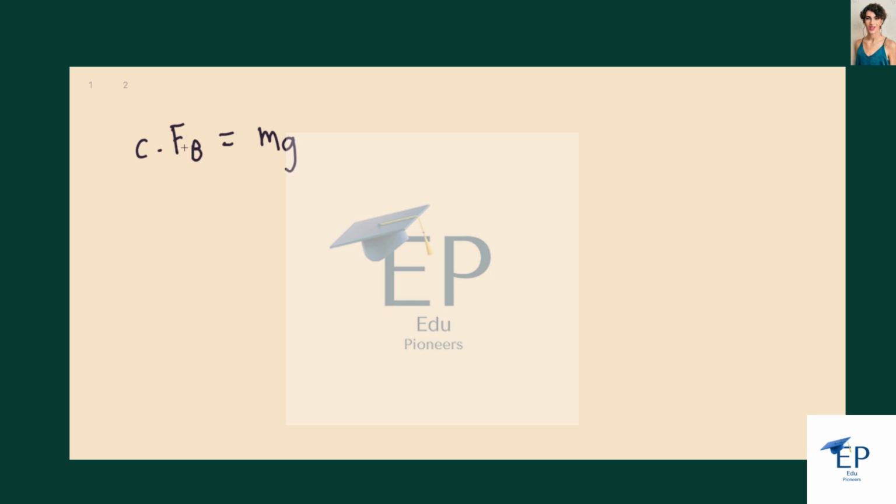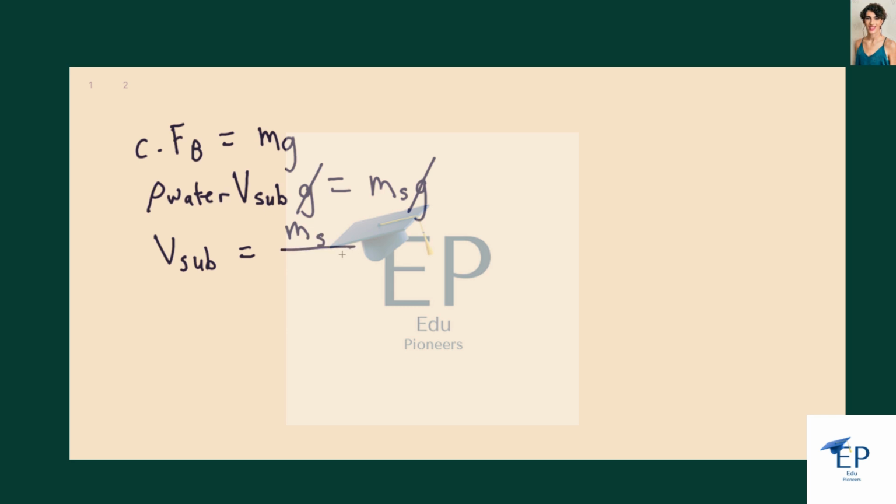So we're going to further define the buoyant force as the density of water times the volume that is submerged times gravity. And this is going to equal the mass of the sphere times gravity. Gravity, of course, cancels out. And we have that the volume submerged is equaling the mass of the sphere divided by the density of the water.